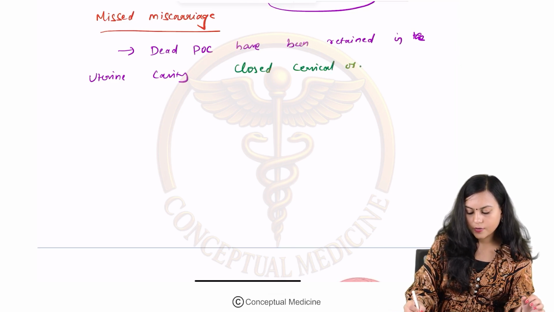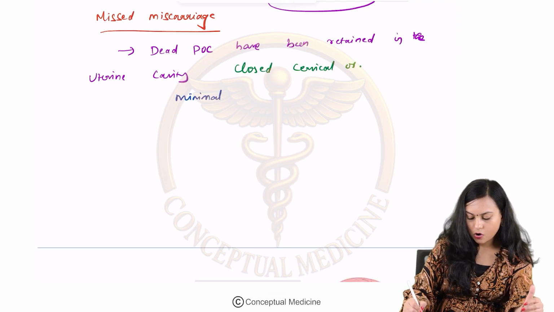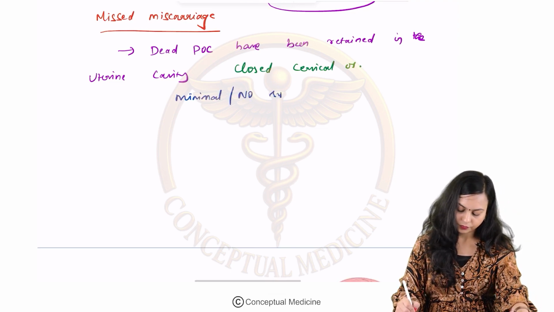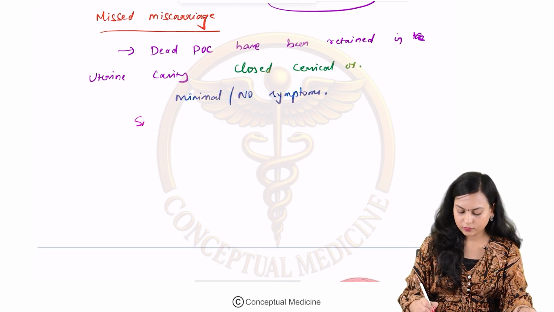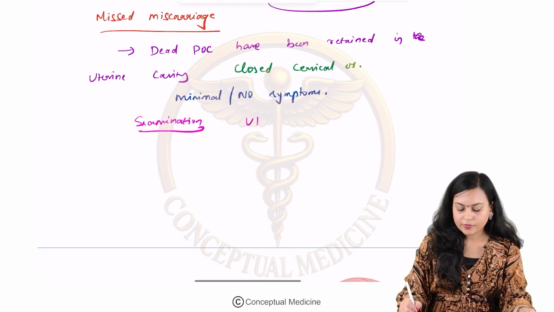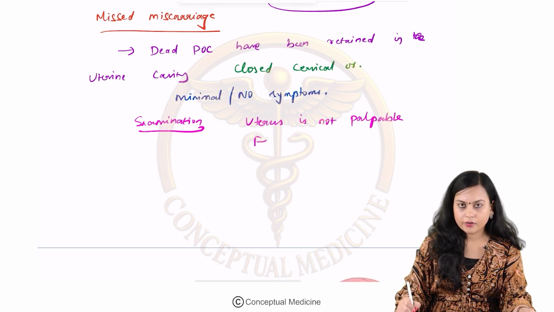Usually in this case there will be only minimal symptoms or no symptoms at all. When you do examination, the uterus will not be palpable and fetal heart rate is not heard.